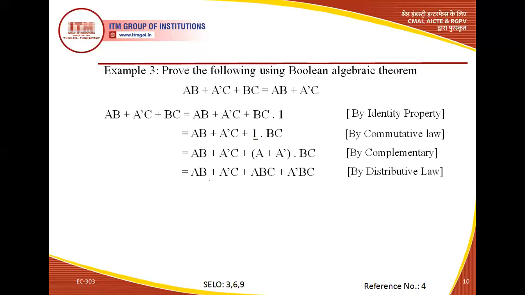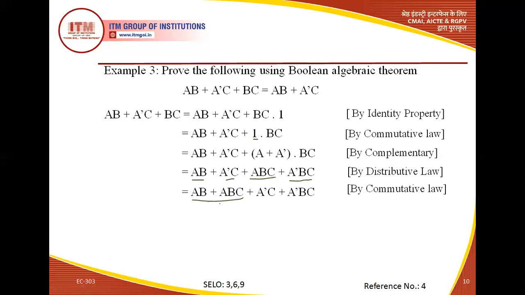Now again we use the commutative property and change the position of the variables, so we can write AB + ABC and A'C + A'BC separately. Okay, now we can also apply the absorption law on both the functions. So we treat AB as a simple variable. If we take it as X, then X + XC is X, that means AB.